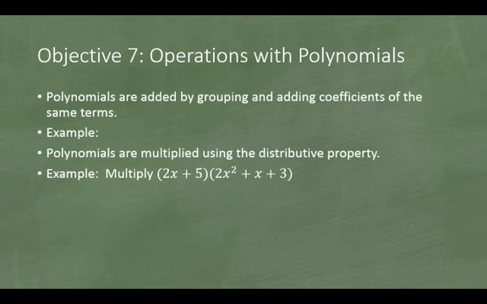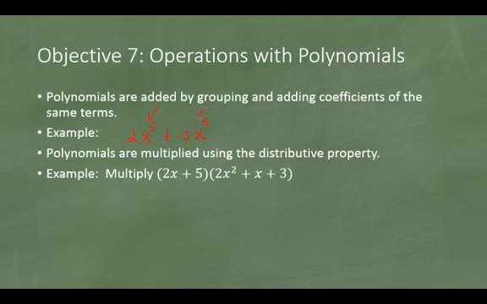Operations with polynomials, objective 7. Polynomials are added by grouping and adding coefficients of the same terms. As an example, you can combine 2x to the 5th with negative 3x to the 5th because the exponents are the same.